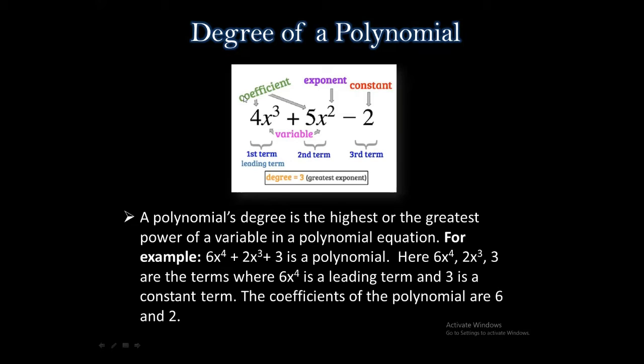So here you can see we have an algebraic expression 4x to the raised power of 3 plus 5x to the raised power of 2 minus 2. So here the degree is 3. So it is the greatest power here, or the largest power. So we have two other powers, and this constant term also has a power, but it is 0, x to the raised power of 0.